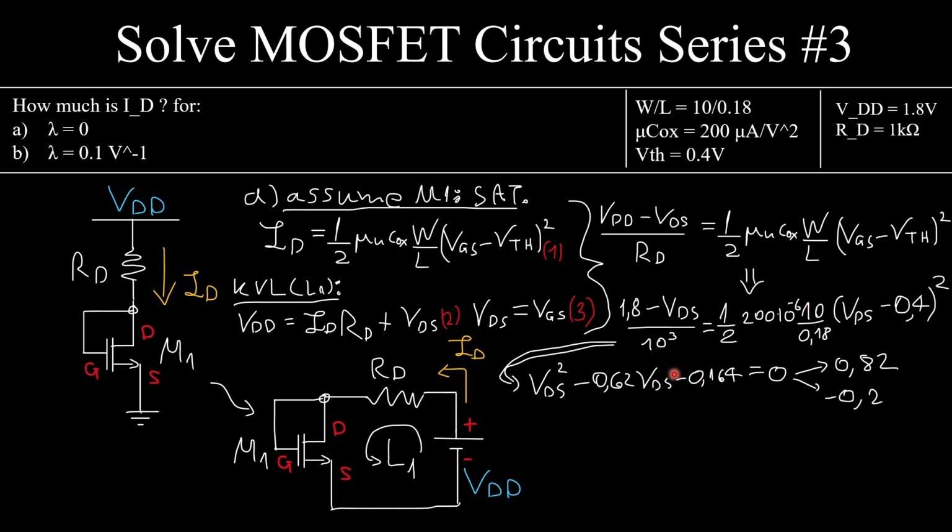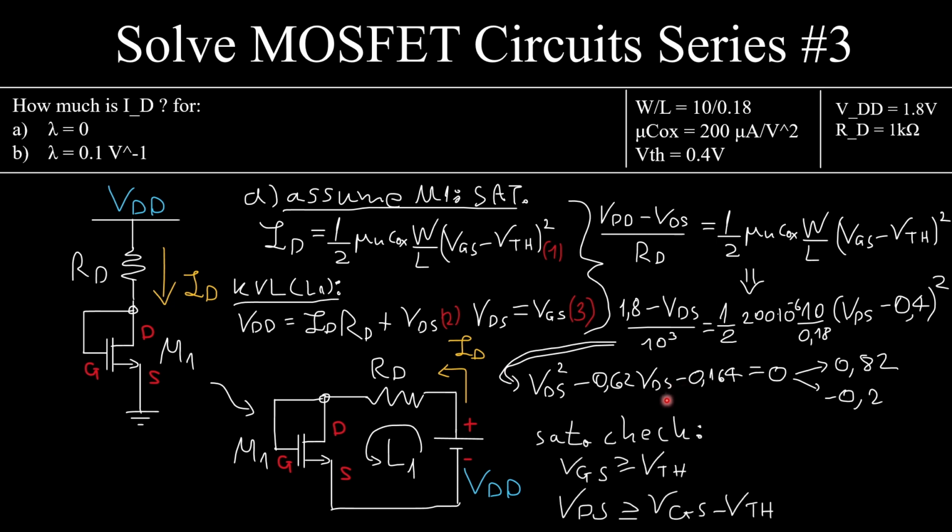If you solve this, it is a typical quadratic which has two roots, two solutions: 0.82 and minus 0.2, and 0.82 is the accepted value. Well, that's the reason we did it like this.